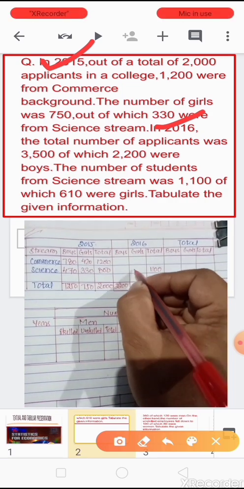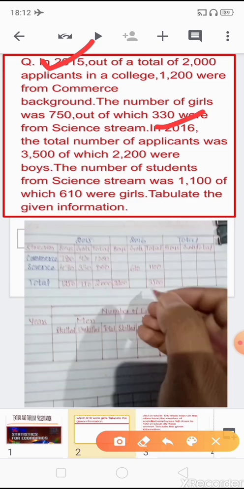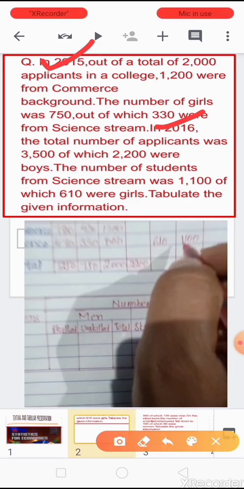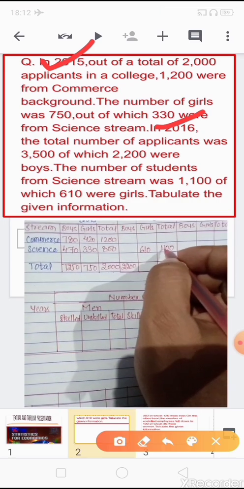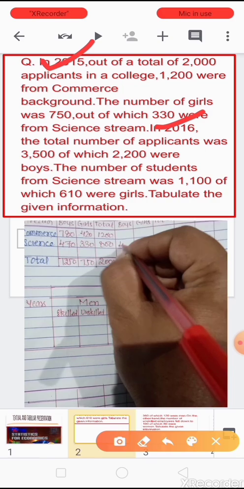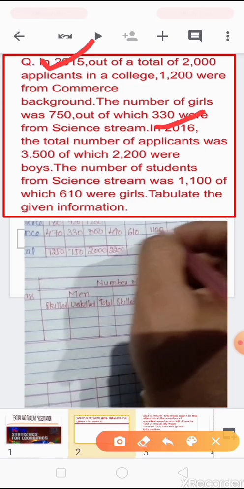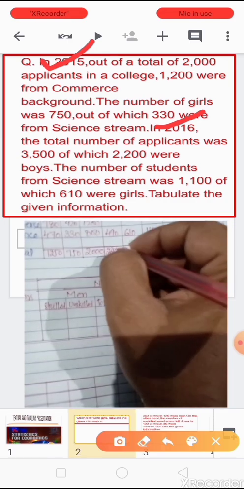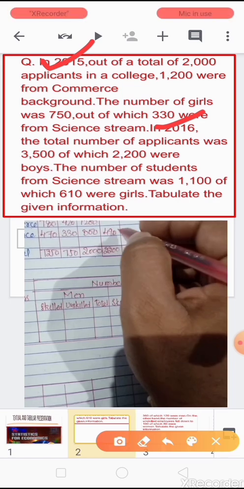Now it is showing that out of these 1100 students, 610 were girls. So we can easily subtract this from this. 1100 minus 610, we get 490, because 400 and 600 is 1000 and 90 and 10 is 100. So these are the boys who are studying science in the year 2016.